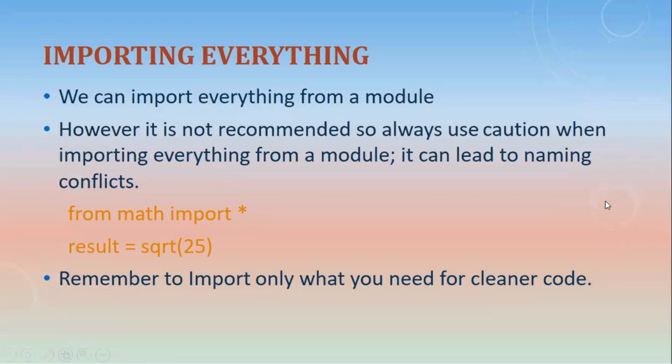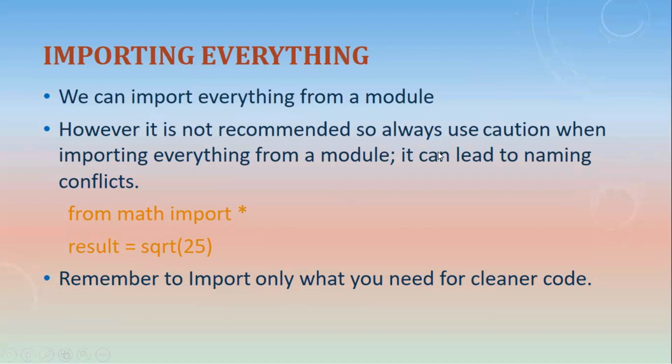Next, we can import everything from the modules, which is very simple. You can write from math import star. So this will import everything, all the functions, variables, classes, whatever is there in that module. However, it is recommended to always use caution while importing everything from a module because it can lead to naming conflicts.